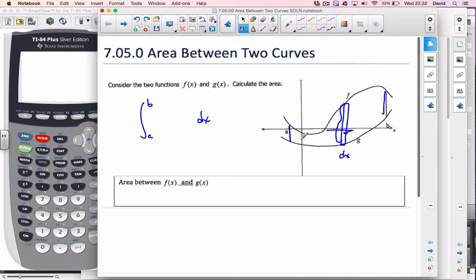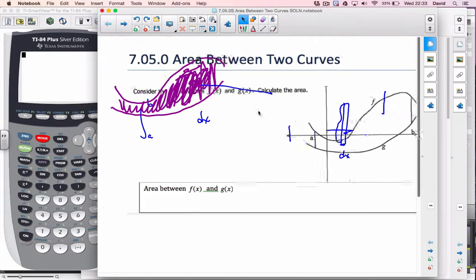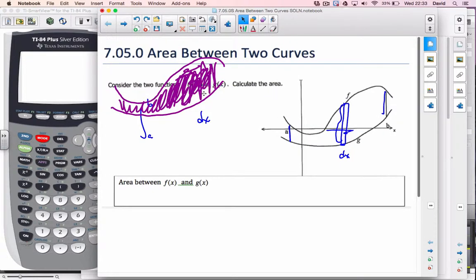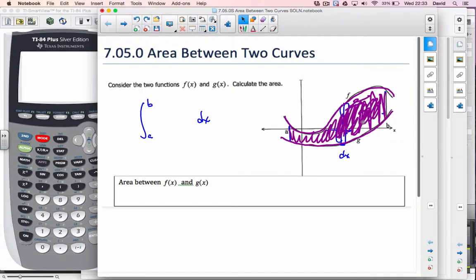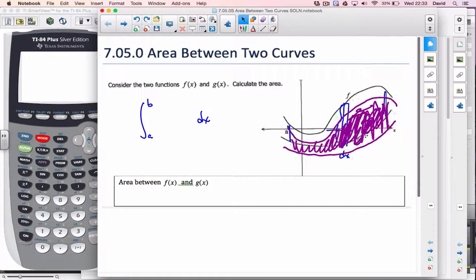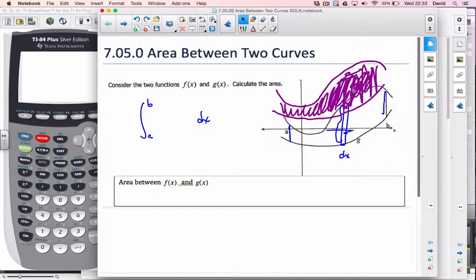And so if you consider this area here, this area here fits really nicely. Now, it doesn't change if I move it above the x-axis or if I move it below the x-axis. It's still the same area, and it has a positive value.